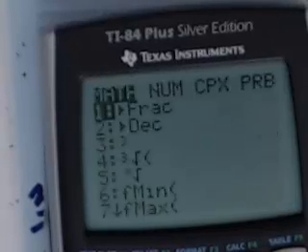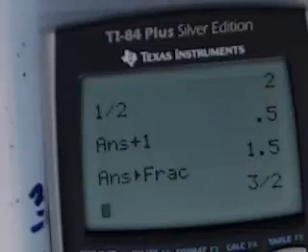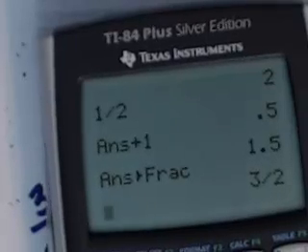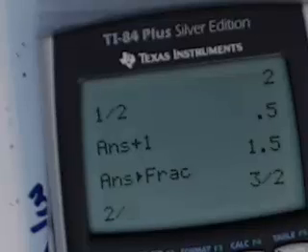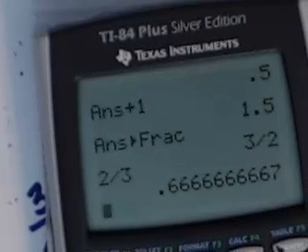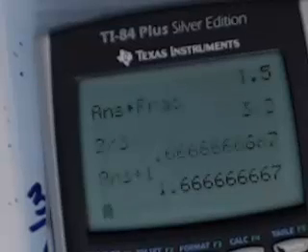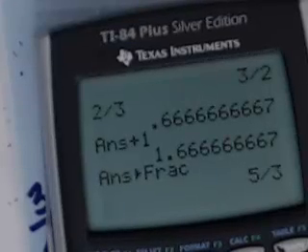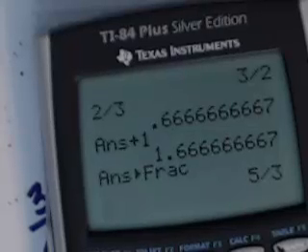I'm going to math, fraction, enter, and the fraction for 1.5, or 1 5/10, is 3/2. So I'm going to take the reciprocal of 3/2, which is 2/3, and I'm going to add 1. Now if I go to math, enter, enter, I get the decimal changed to a fraction, which is 5/3.